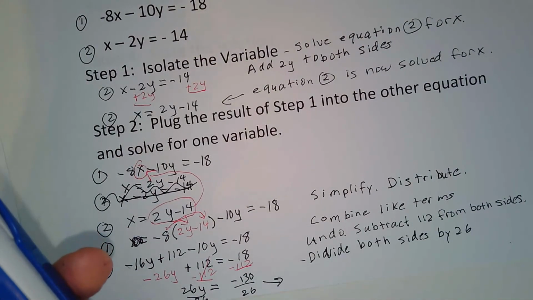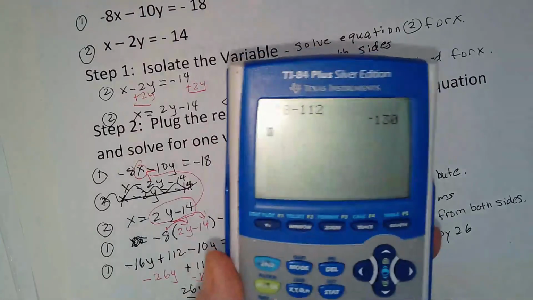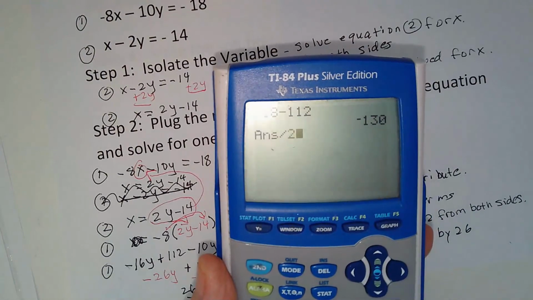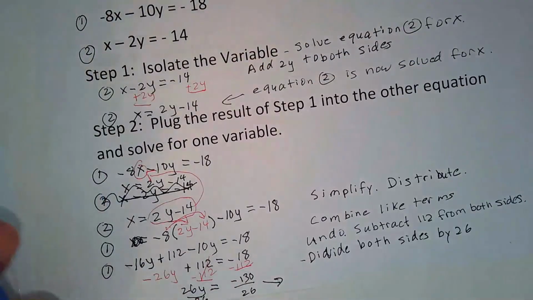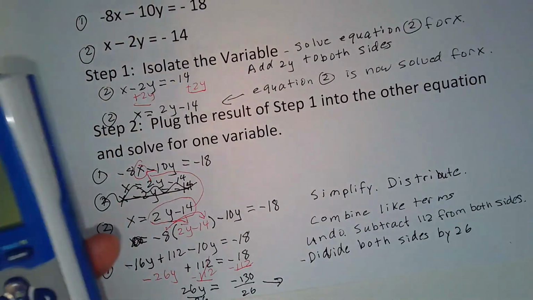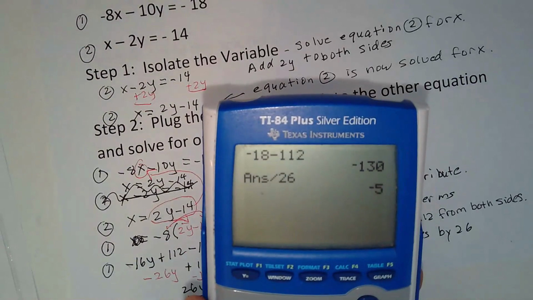Let's see. Negative 130. We already have that down, so we'll take that answer and we'll divide that by 26, and we get, looks like, negative 5. Oh, it's negative 130 divided by negative 26. Let's rewrite that.